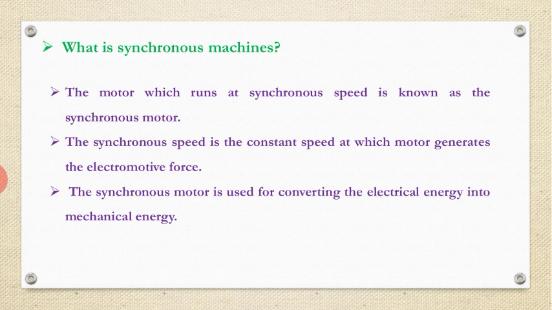I repeat, the induction motor always runs less than the synchronous speed. Hence, the induction motor is called asynchronous, whereas the synchronous machine runs at synchronous speed. The synchronous speed is the constant speed at which the motor generates the electromotive force. The synchronous motor is used for converting electrical energy into mechanical energy.